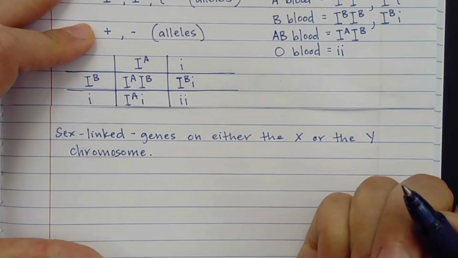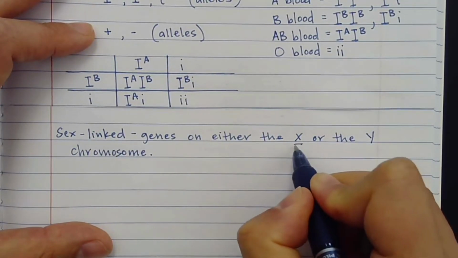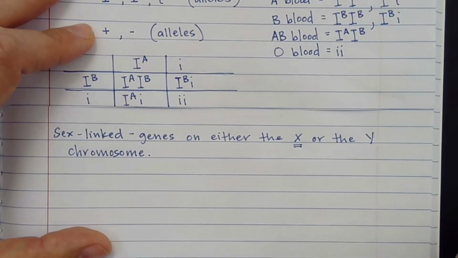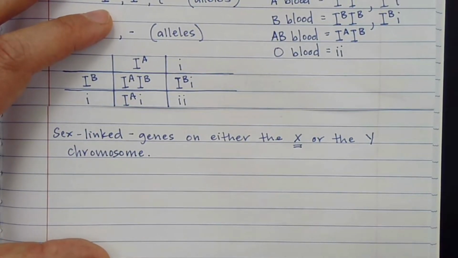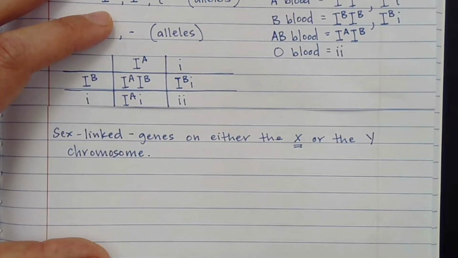And these can be dominant or recessive, but normally we're going to be talking about genes that are on the X chromosome. So if you have a recessive X-linked trait, then you're going to end up with more boys having the trait than girls. And this is how most of these sex-linked traits are going to work.